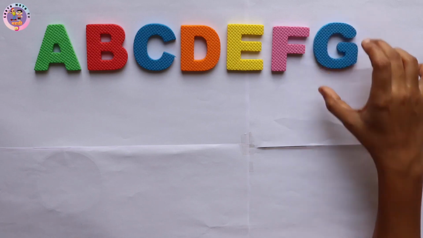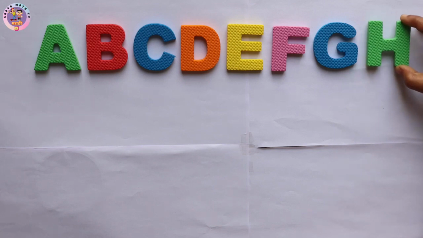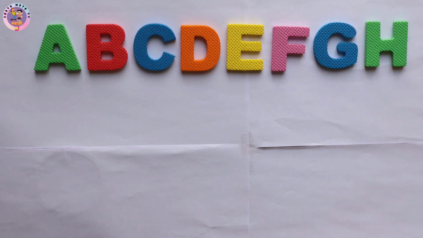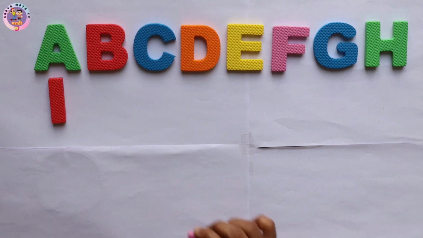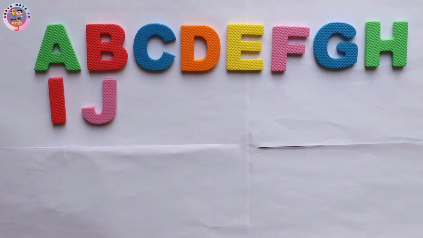G for girl. H for hen. I for ice cream. J for joker.